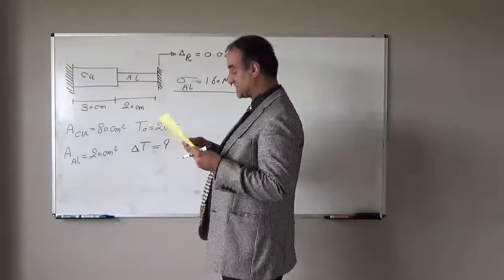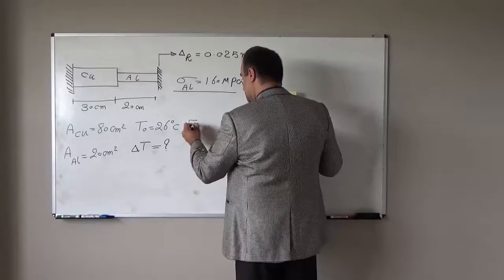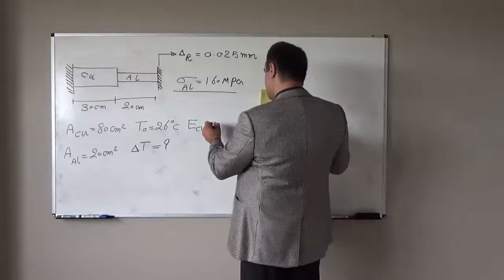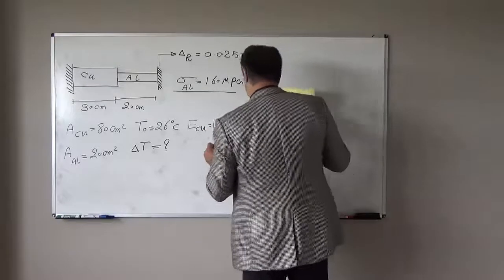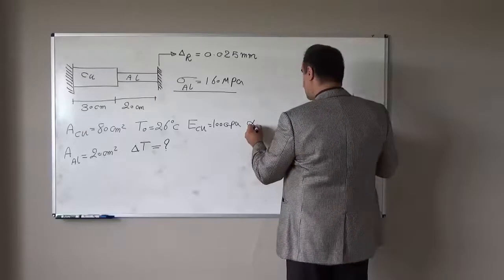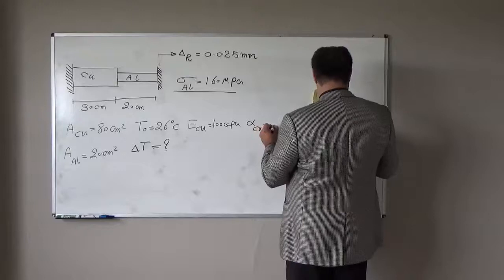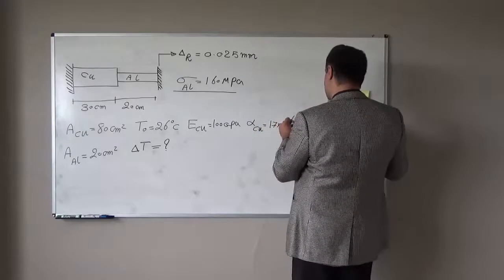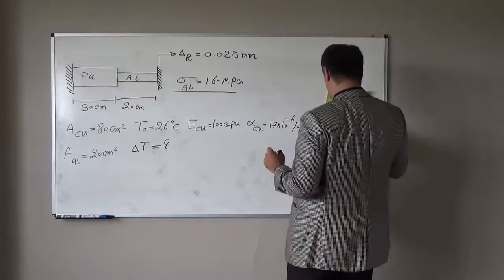Okay? We want to find this temperature variation so that the maximum stress inside of aluminum does not exceed 160 megapascal. Young modulus for copper is 100 gigapascal, and the thermal coefficient of expansion for copper is 17 times 10 to the power of negative 6 per degree Celsius.